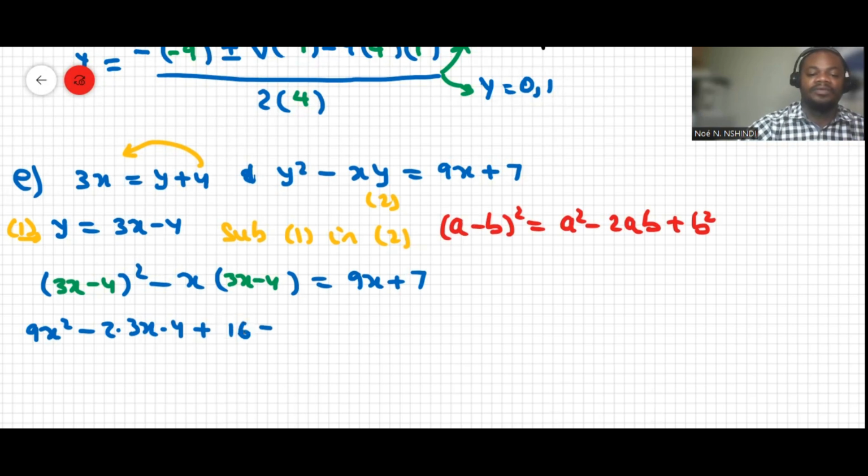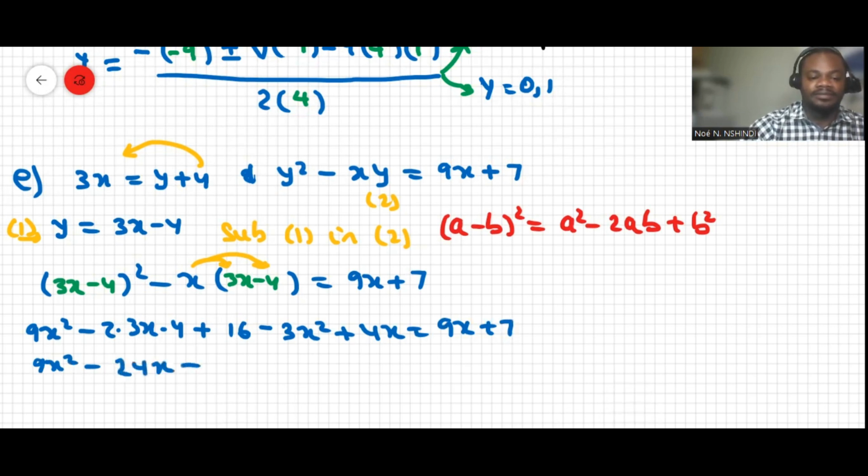Minus, and then x times 3x minus 4, that's going to be like 3x squared minus 4x, equal to 9x plus 7. That makes 9x squared minus 24x plus 16 minus 3x squared plus 4x minus 9x minus 7. This and that makes 6x squared.